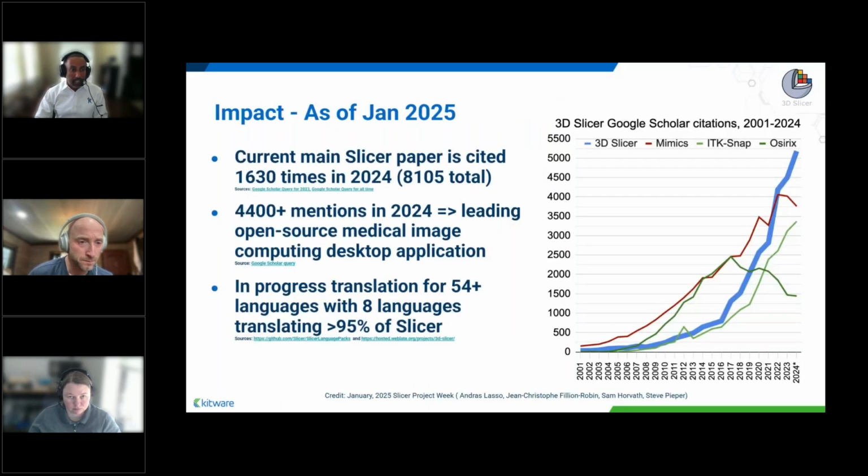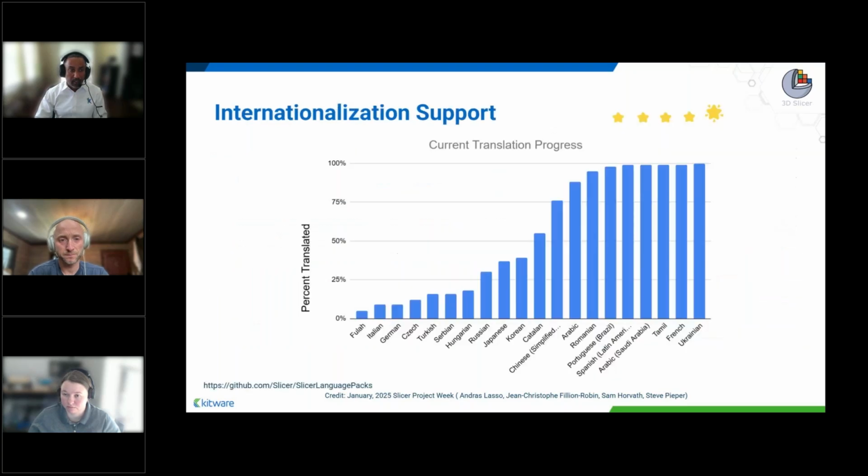And again, this is to show a little bit more about the use of 3D Slicer in research publications. There were more than 4,400 mentions of 3D Slicer in citations last year. And another thing that's very exciting is the translation of 3D Slicer into other languages.